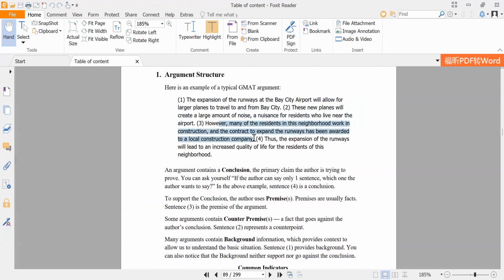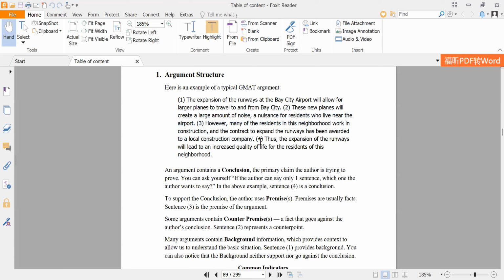And it contradicts the previous sentence. The previous sentence was only talking about the airport creating noise and nuisance for residents, but then a lot of the residents work in construction, and the contract has been awarded to a local construction company. So it's kind of against the interests of the people living near the airport here.